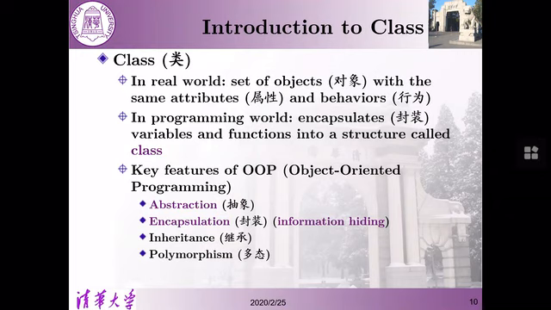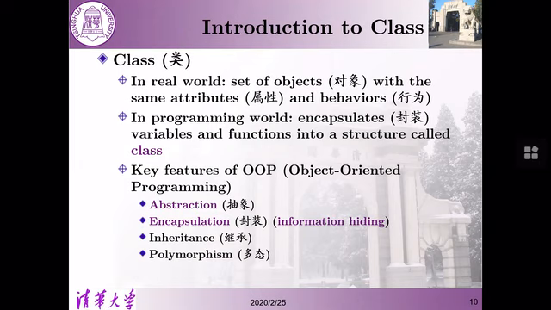So in the real world, a class is a set of objects with the same attributes and behaviors, right? Then in the programming world, actually, we have the corresponding class, right? This is what we are learning here, right? So in the programming world, a class encapsulates variables and functions into a structure called a class.